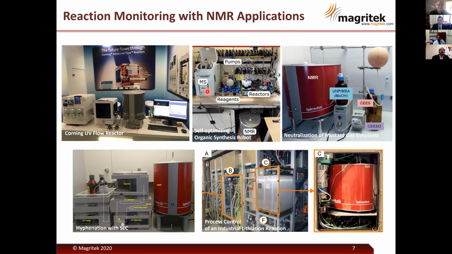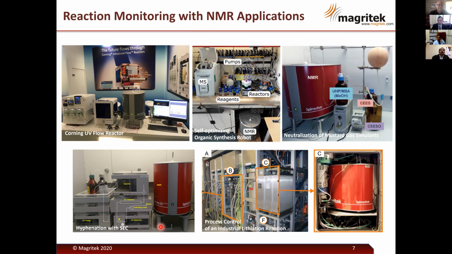Then here we have the neutralization of Muss's gas simulin. So this is another setup with a flow device. And as you can see, the balloon here is a gas used as a reactant for the reaction. Down here is a picture of the benchtop NMR set up in hyphenation with size exclusion chromatography for real-time monitoring of the compounds coming off the size exclusion column.